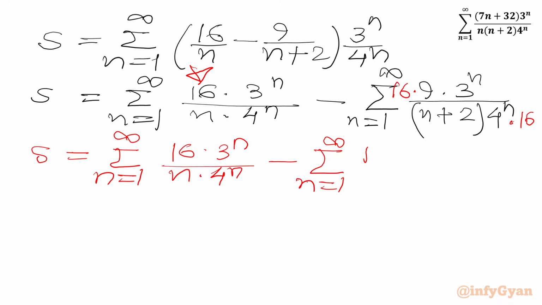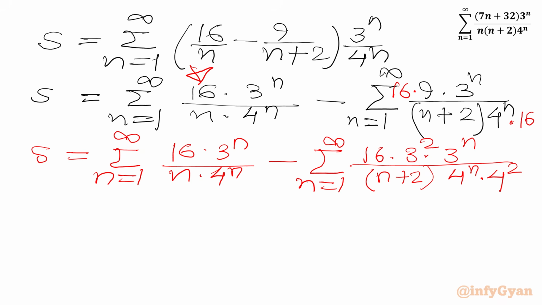Now we have 16, which we will write here. 9 can be written as 3 square, then we have 3 power n. In the denominator we have (n + 2), then we have 4 power n, and 16 will be written as 4 square. Now we have to use the exponent law here and here. We will be writing 3 power (n + 2) in the numerator and 4 power (n + 2) in the denominator.